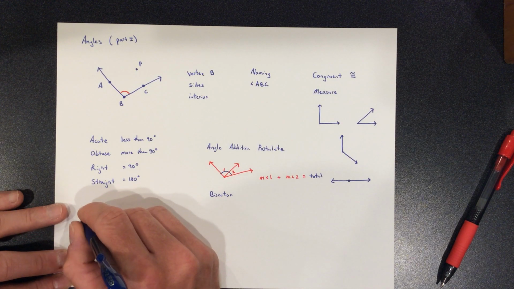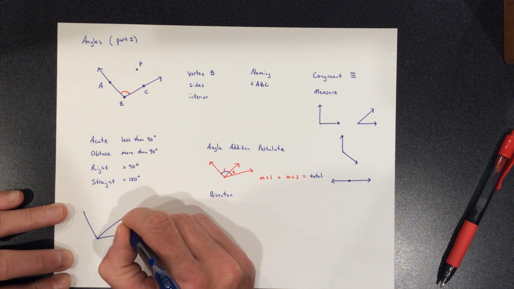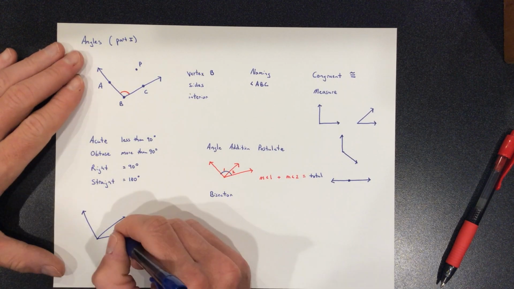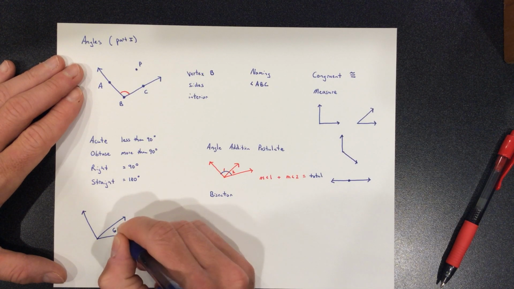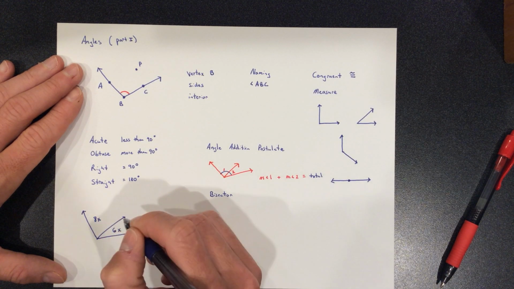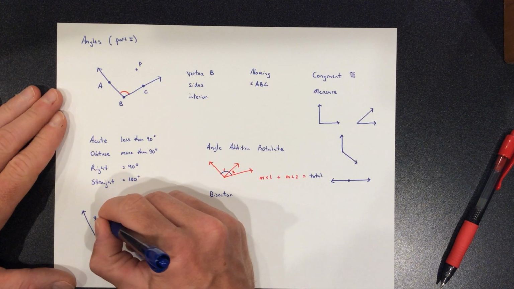There can be silly questions where you have something like that, and this is 6x, and that is 8x minus 20 or something.